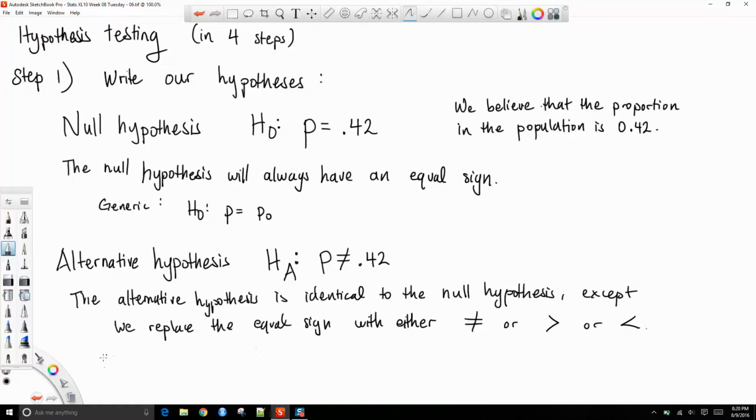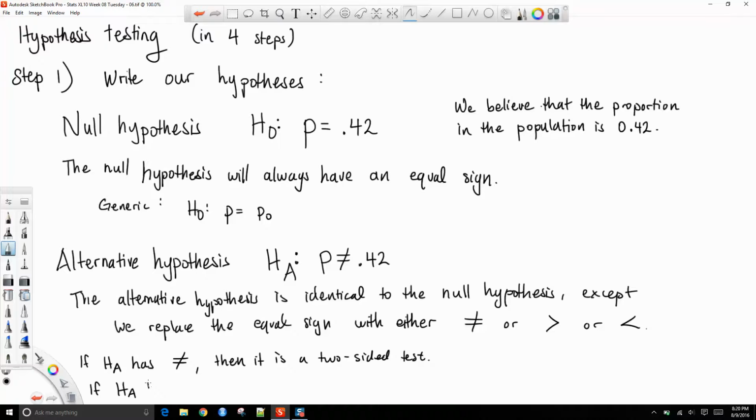And here I'm going to introduce some terms that we'll talk about later, okay? If the alternative has a not equal sign, then it is a two-sided test. Otherwise it's a one-sided test.